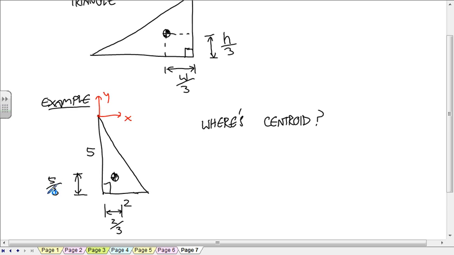So the y component would be -10/3. And then for this one, we're going just in the positive x direction. So the x component is just going to be 2/3.